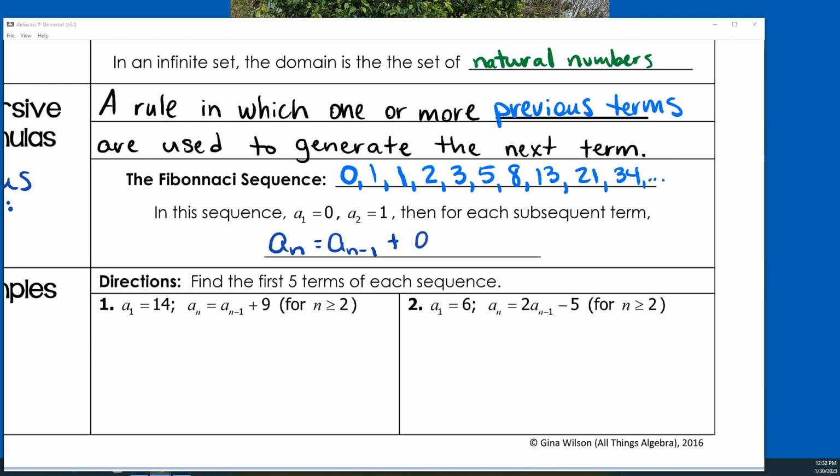So how can you represent the one before A sub n minus 1? It's kind of a tricky question. Do you guys know what the subscript would be, the one that's before n minus 1? That's okay. It's n minus 2. So that's adding the two previous terms.